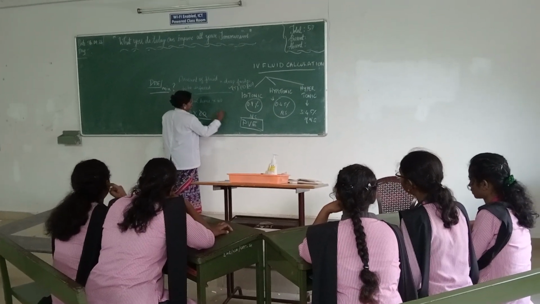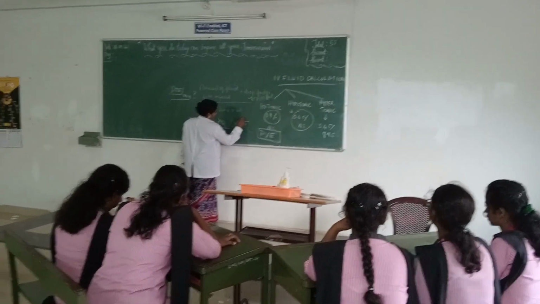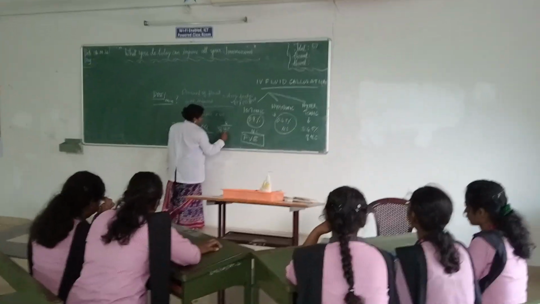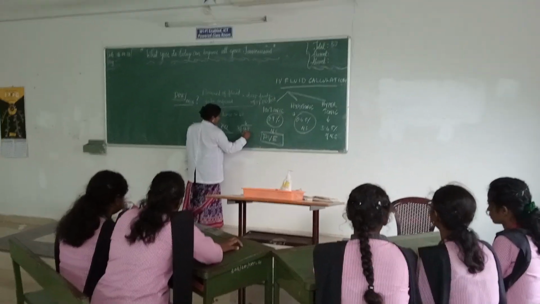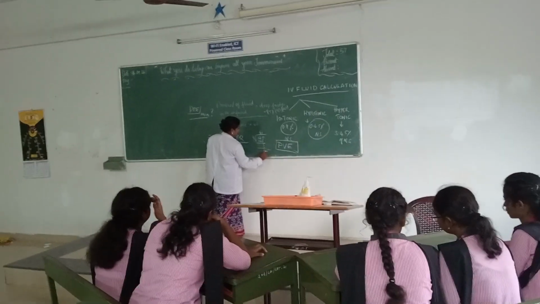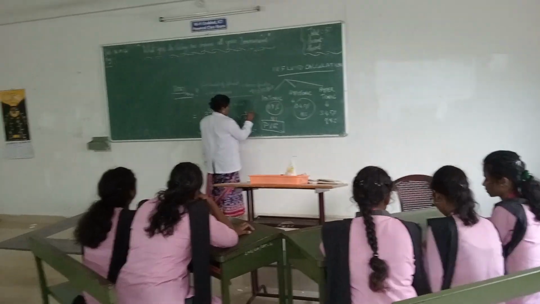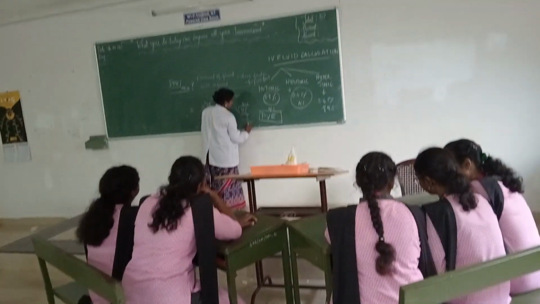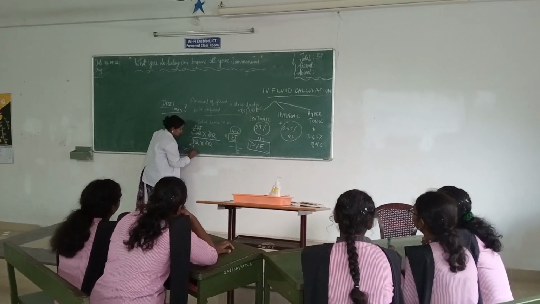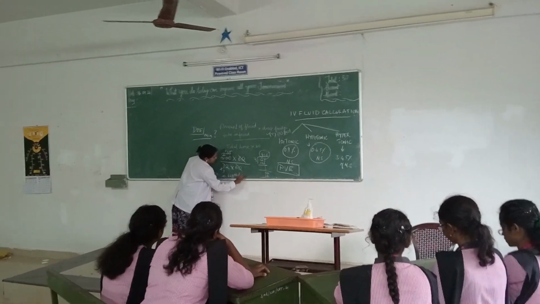So 3 divided by 1. Which is around, you can round the number, which is 42 drops, right?